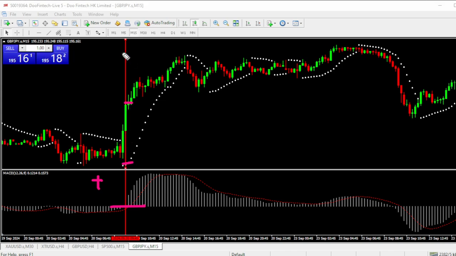Maybe this could reach a 1-to-1 risk to reward ratio because the distance from the stop loss was way too big, right? So with a 1-to-1 risk to reward ratio, it is just okay, right?